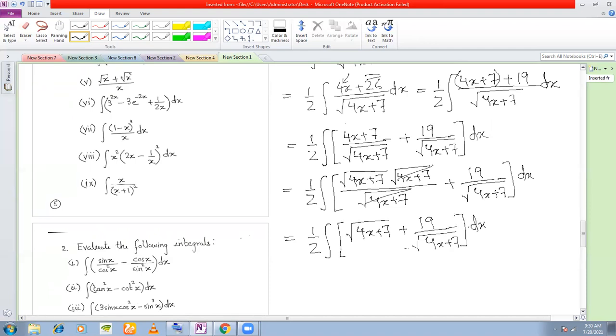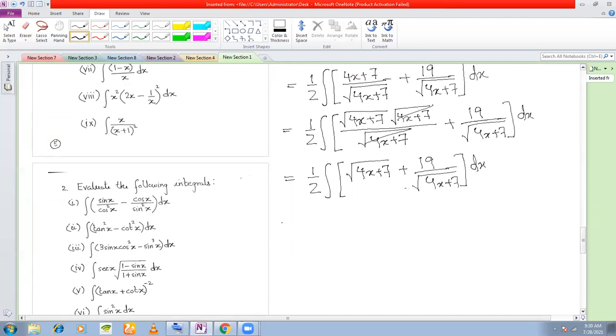Now we can separate the integral. Can write this as half integral root 4x plus 7 dx plus half integral 19 by square root 4x plus 7 dx.